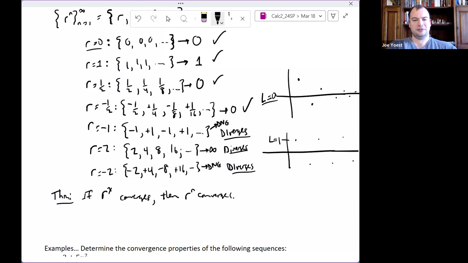So what kind of power functions converge, meaning the limit as x goes to infinity exists? Well, this is when r is strictly greater than -1 and up to and including +1. So we know that all of these ought to converge.